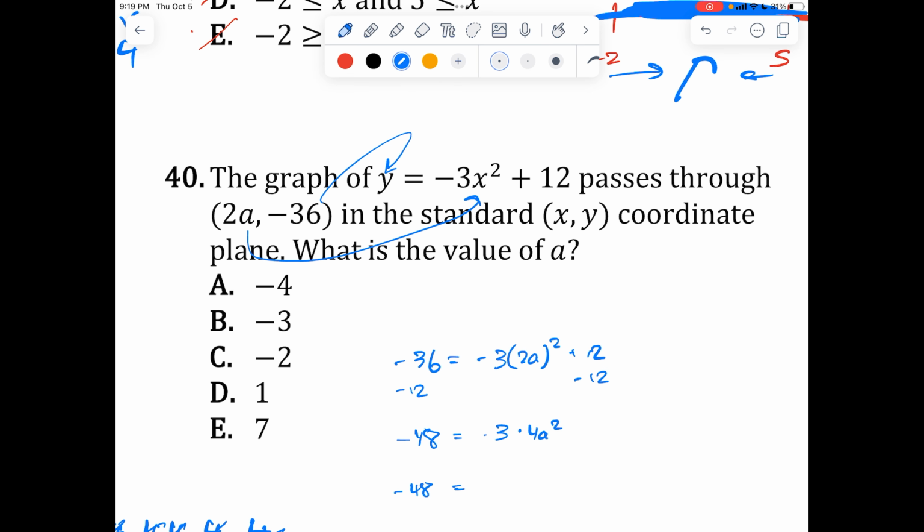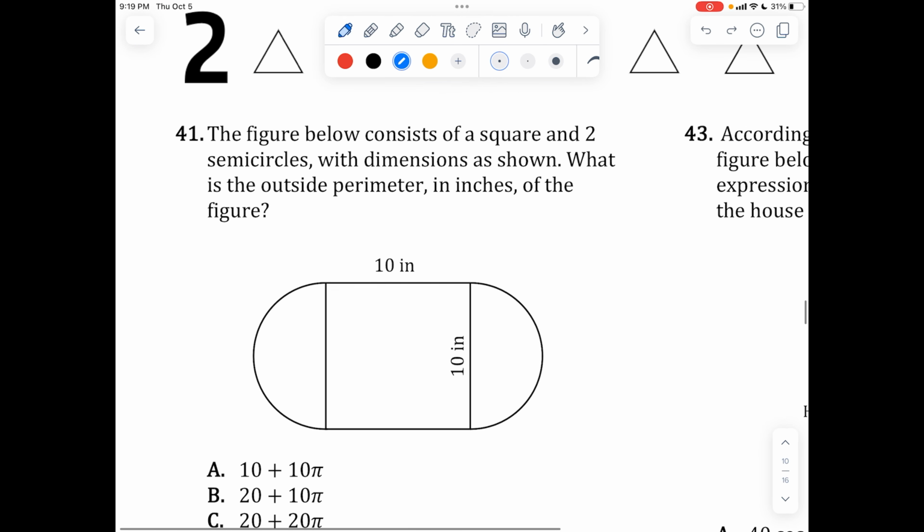Negative 48 equals negative 12a squared. Divide both sides by negative 12. A squared equals 4. A equals plus or minus 2. And again, make sure you take into account the plus or minus, because it's a quadratic, so you can have a plus or a minus solution for that a value.